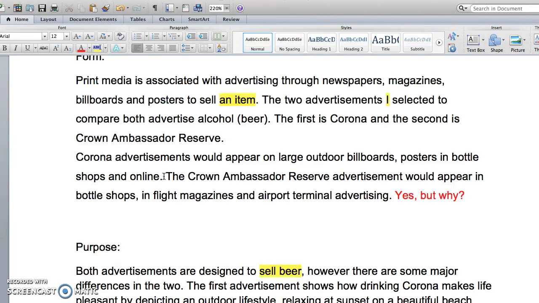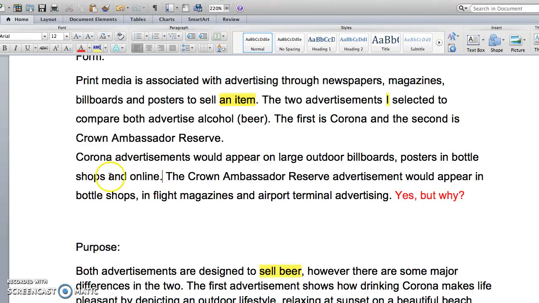So you need to have another look at that and show your understanding. Billboards, posters, bus shelters, but where? They've got to be near a shopping mall or probably near a retail outlet or near pubs and wine bars where the target audience would be most likely to frequent. So that's what you need to show.